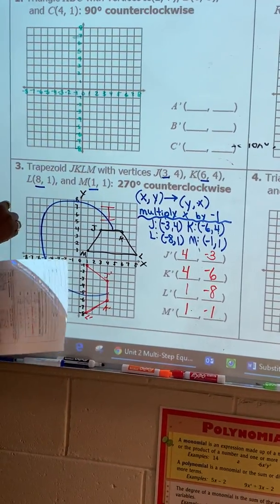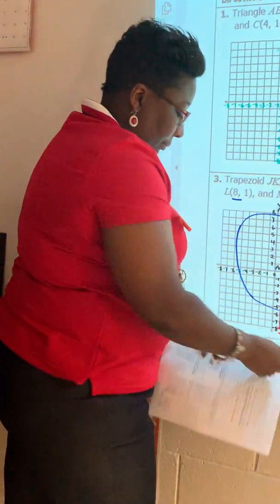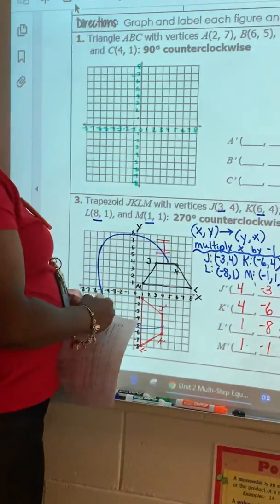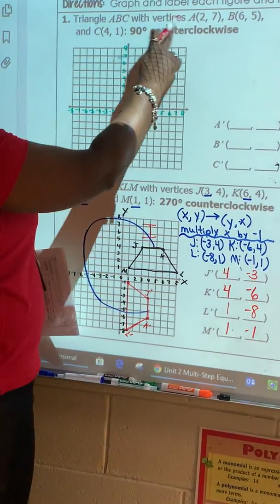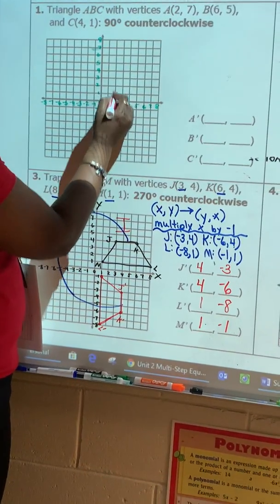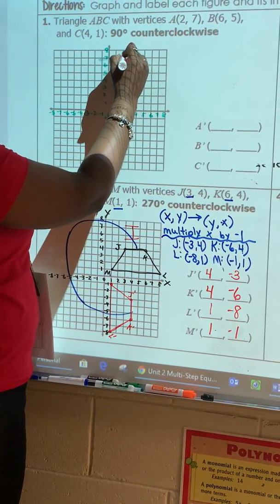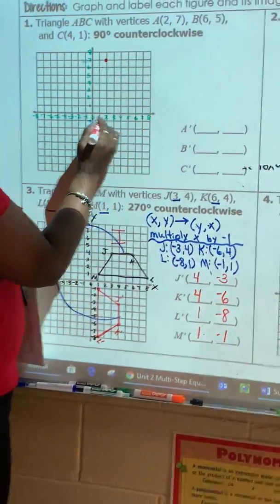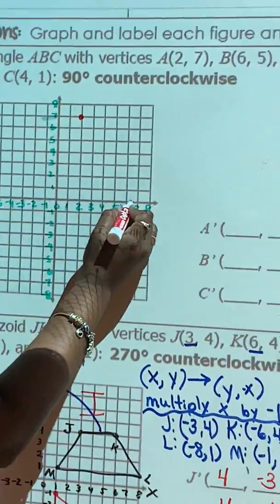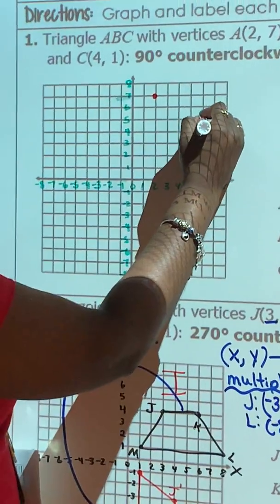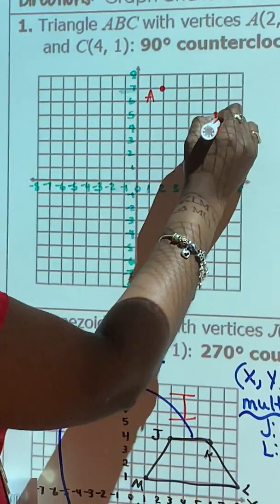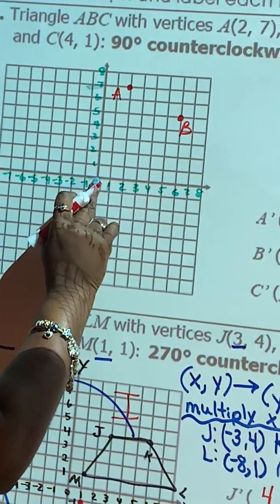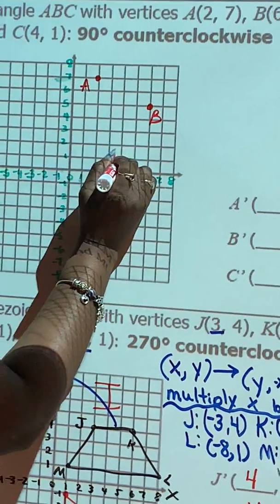Okay, now I'm ready to graph triangle ABC. Triangle ABC, vertices A is 2, 7. That's a positive in quadrant 1. B is 6, so start at the origin, crawl to 6, walk up to 5. That's A and B. C is 4, 1, start at the origin, crawl to 4, walk up to 1.